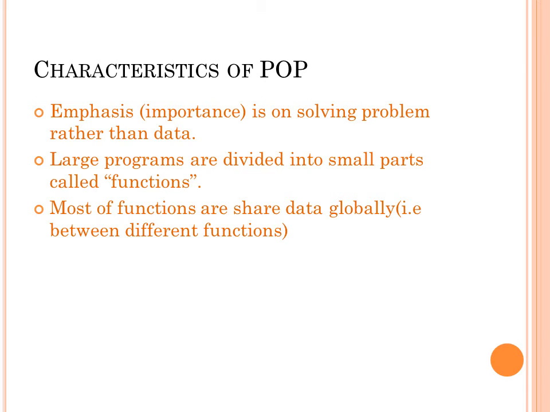So that is the next one, shared data globally. Because this data is shared globally within the program, independent data is moving independently, and hence it is not recommended for writing programs which require high priority of security. So that is not recommended.